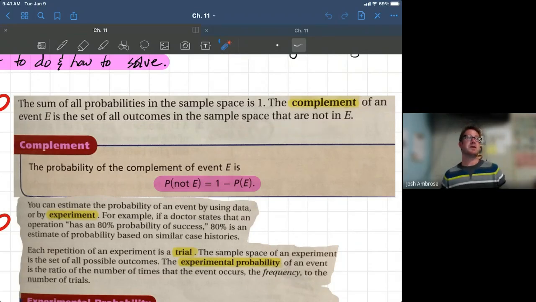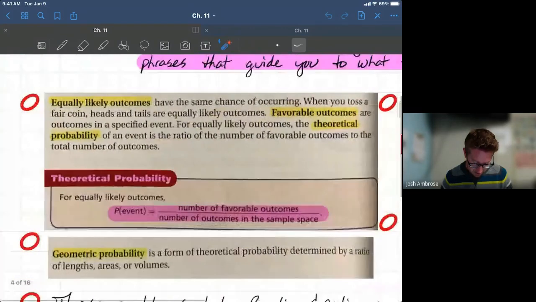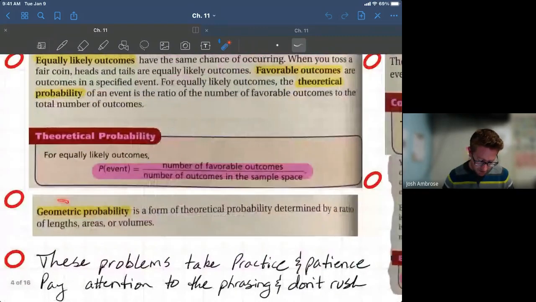If something happened 8 times and you did it 10 times, then the complement is 2 because you're just looking at the difference. So the complement of what did happen is what did not happen in that given sample space. Sample space is how many total times you saw it, tested it, or gave it a try.